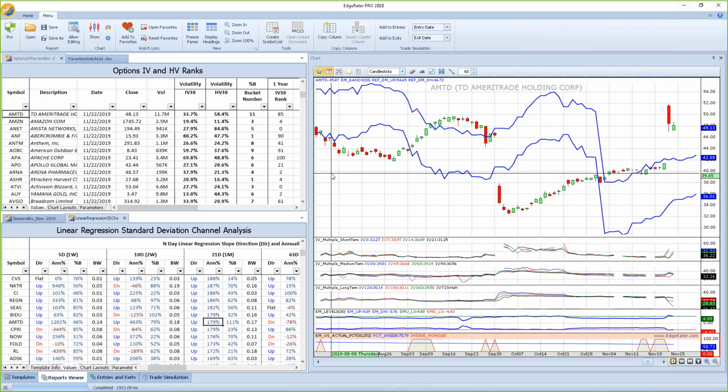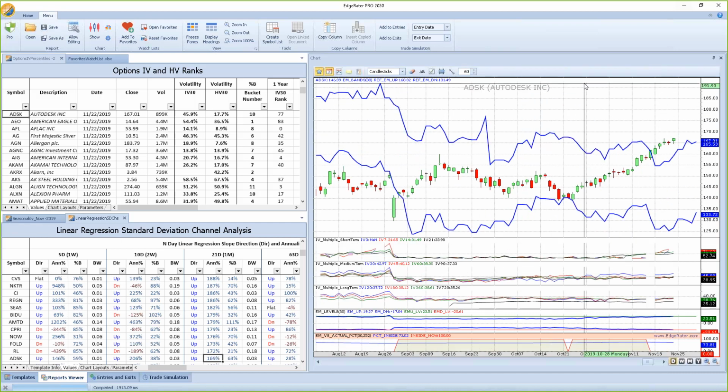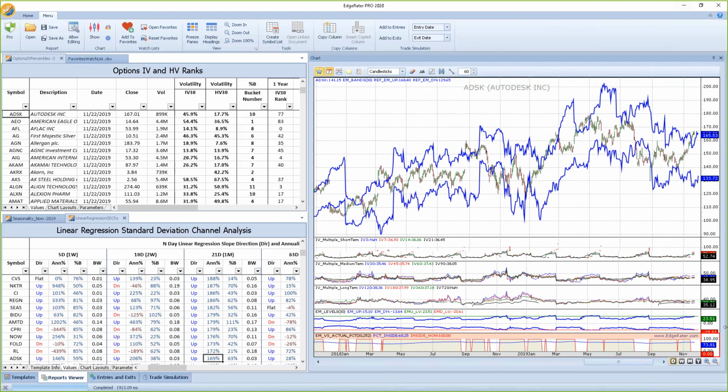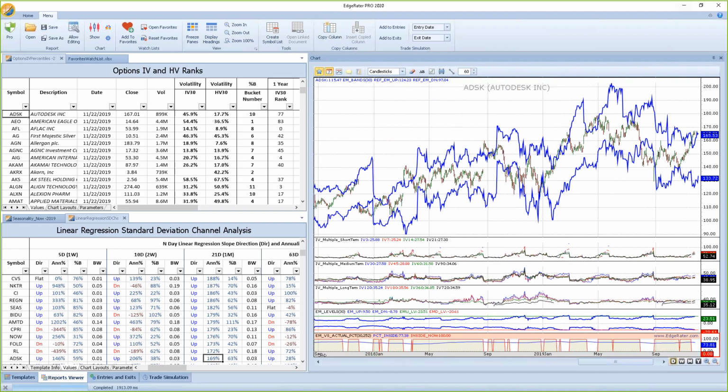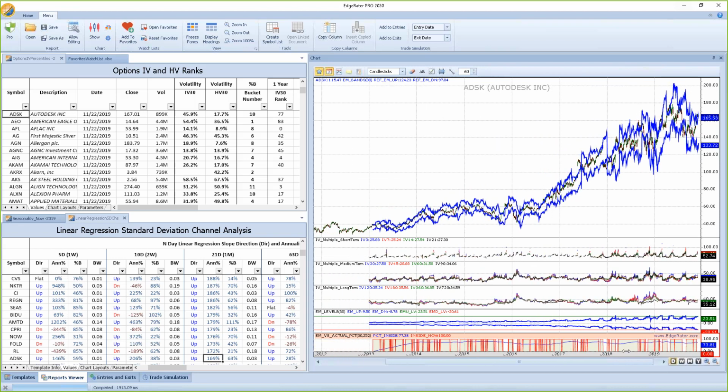Oh, and there's the stock that paid for my best choice software. It's Autodesk, ADSK. Anyway, I bought it for $34 and I sold it for, I think, $80. I can't believe I didn't hold on to it. That was a long time ago.